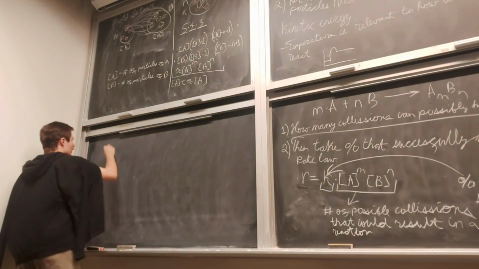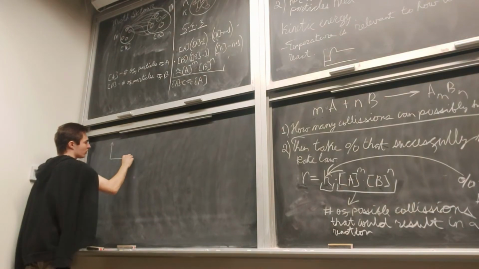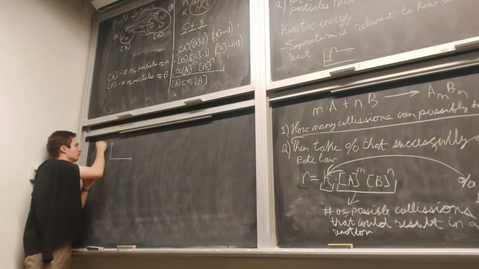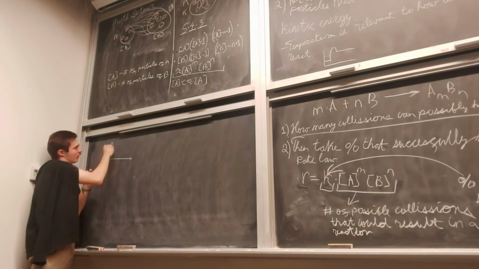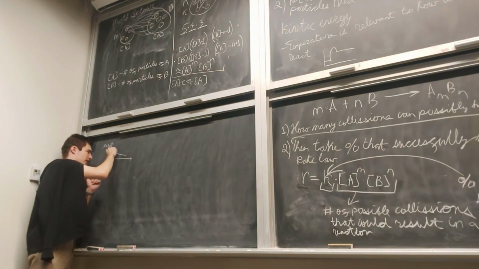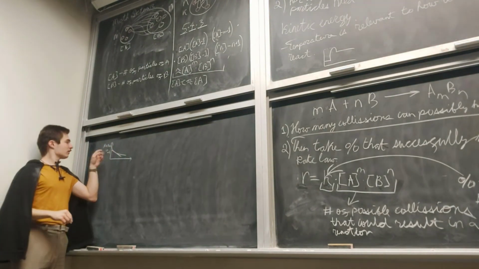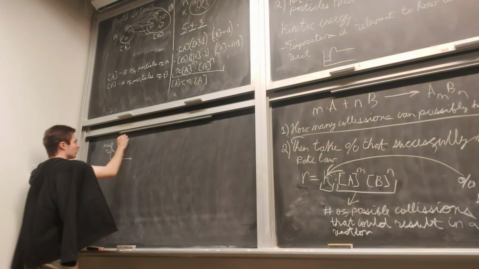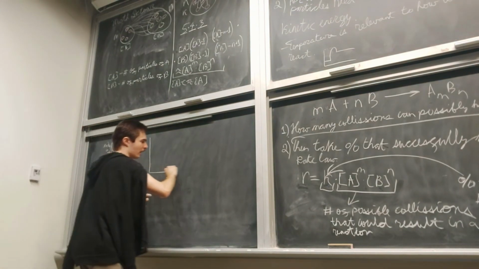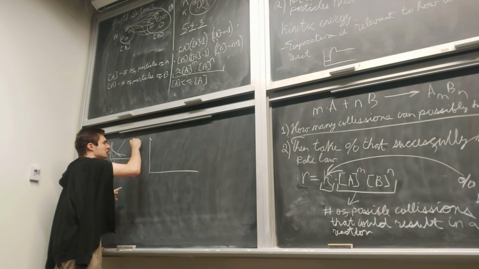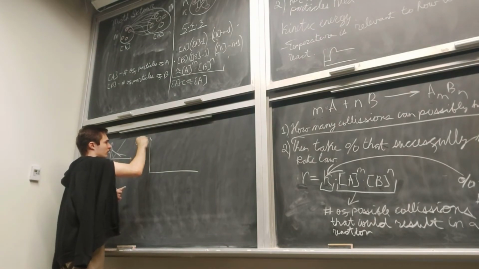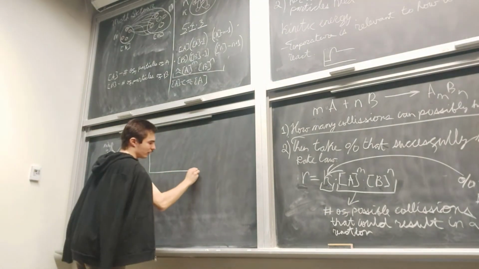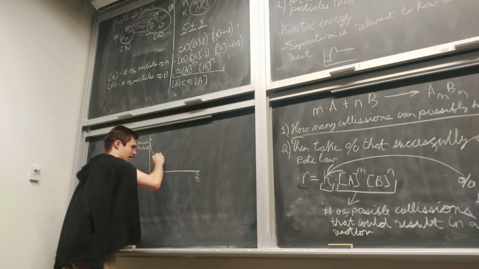Before, we said that the rate of reaction is the tangent to the graph where this is the number of reactant in moles, and it looks something like this, and at this point the slope of this tangent line is the rate of reaction. Now we're saying forget about this. Now if I had the graph of the concentration of reactants at a specific time, it's probably going to look something like this.